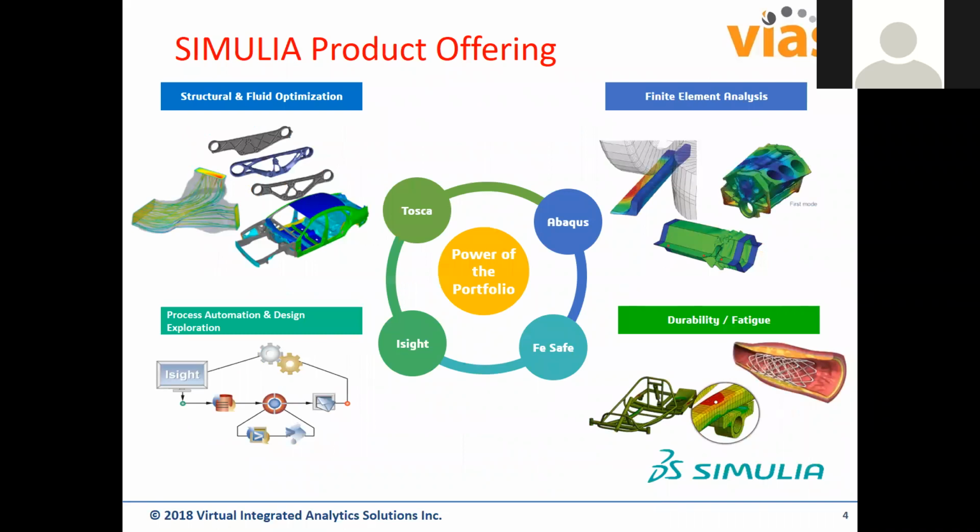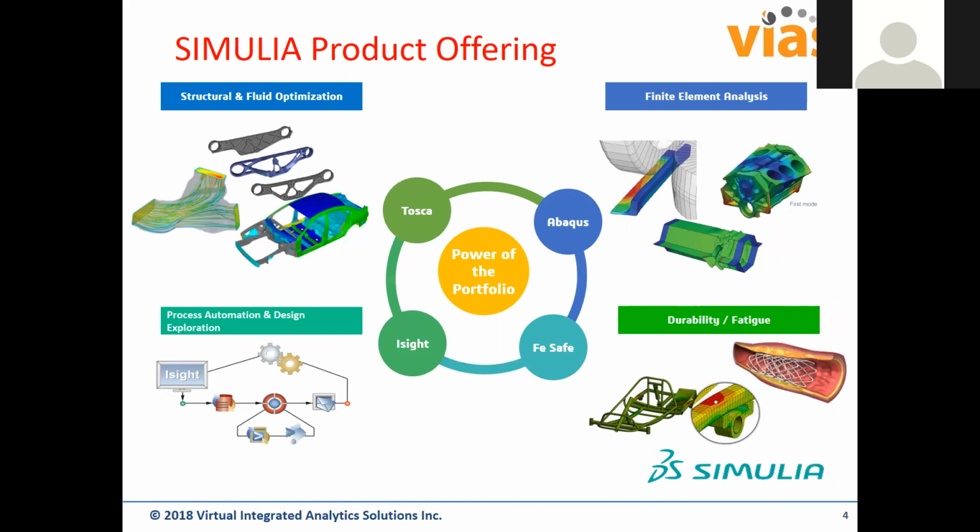So here are all the tools that are available from Simulia, which is the umbrella under which the shown software exists. Abaqus, as many of you might be familiar with, is the proven FEA solution. It's a market-leading software, and it will be the crux of our discussion today. FE-Safe allows users to study fatigue and durability to predict and analyze service life.